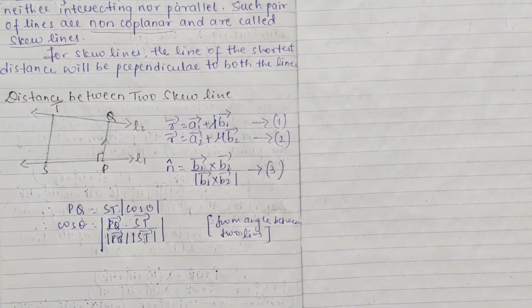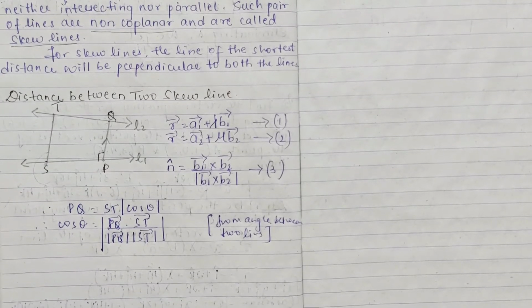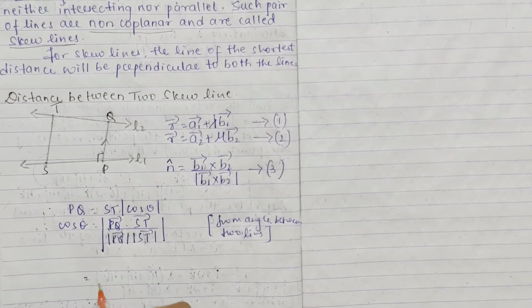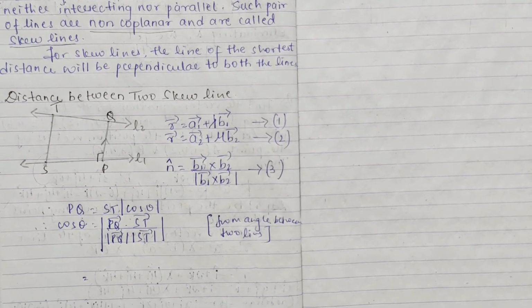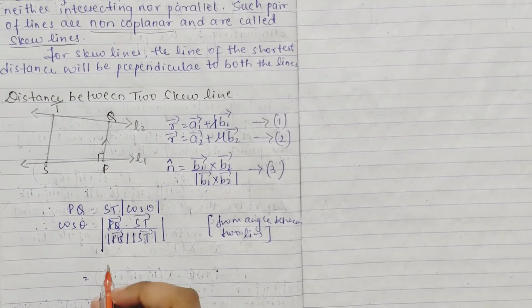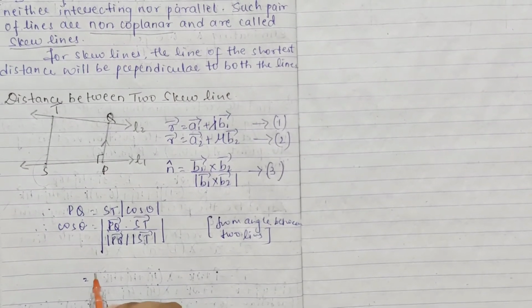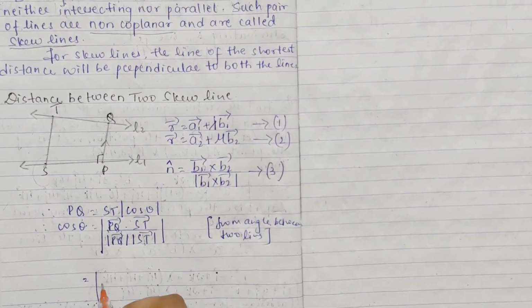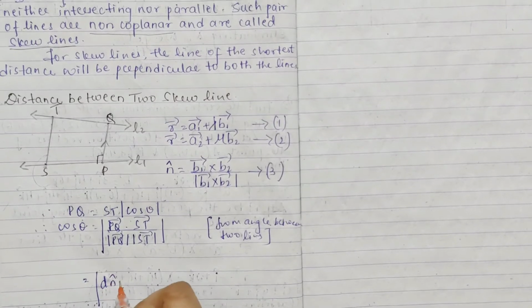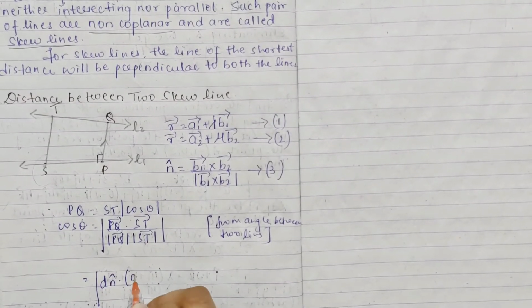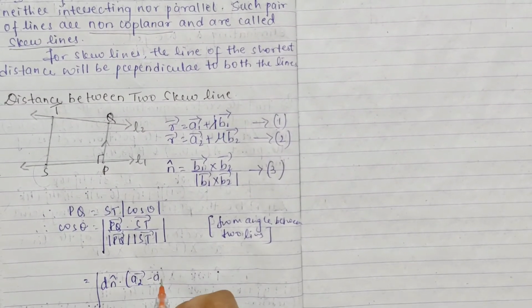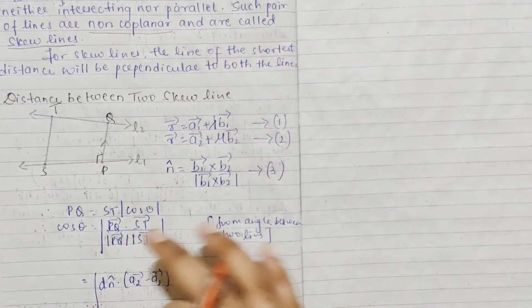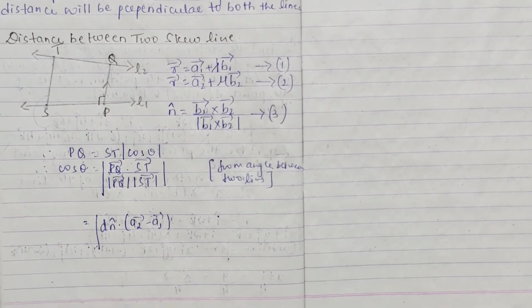So at the end the required shortest distance, I'll just write it directly. The formula I'll consider, or else wait. PQ is given as D n cap, and your ST is given as vector A2 minus vector A1. This is all which we studied for your distance between 2 points.